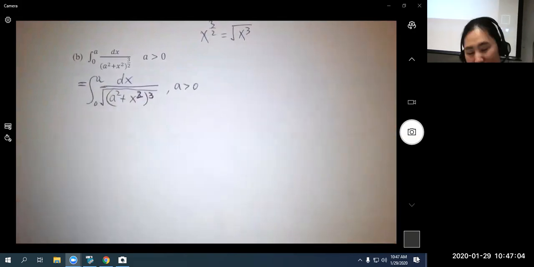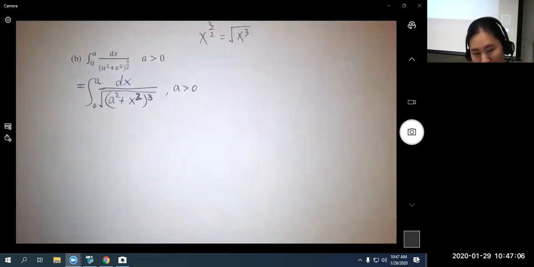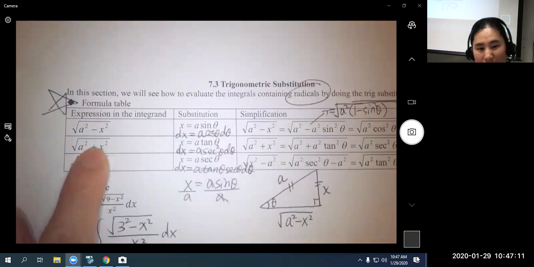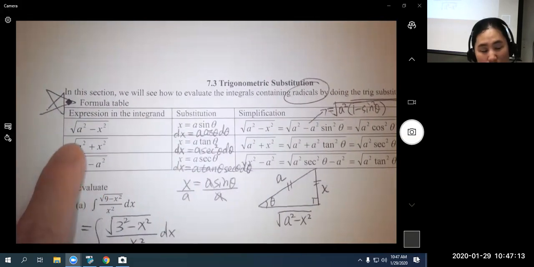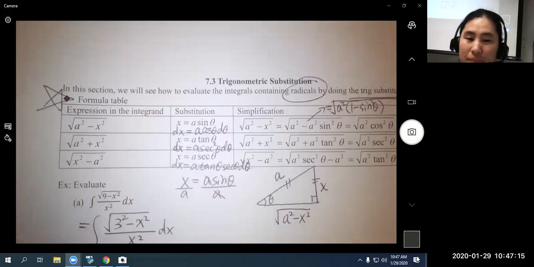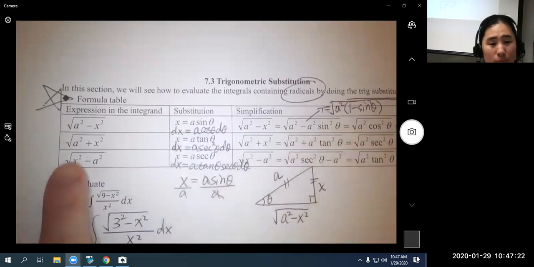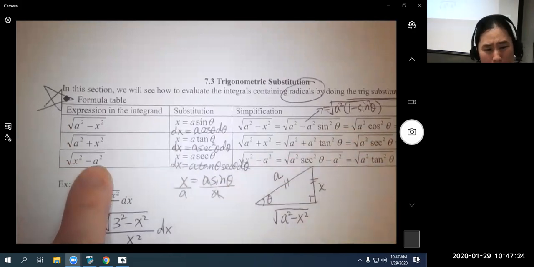So what case is it? I just told you. Now what's the difference between these two cases? This must be x squared minus a squared.